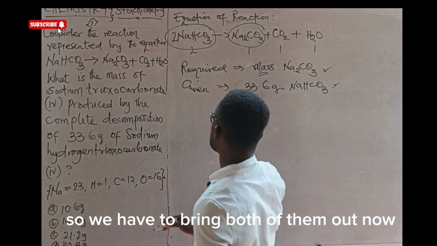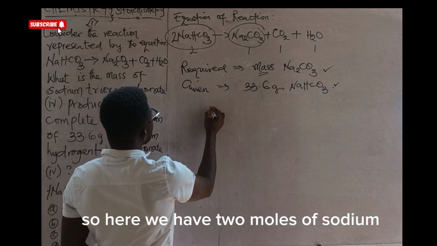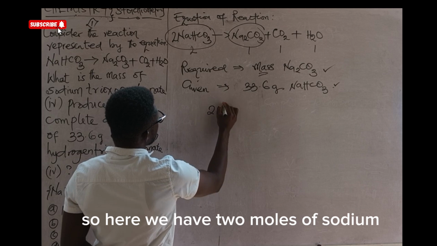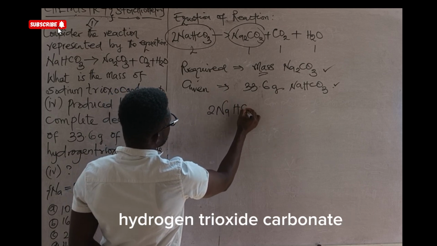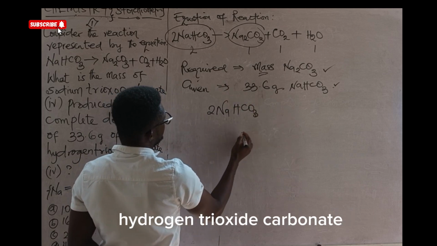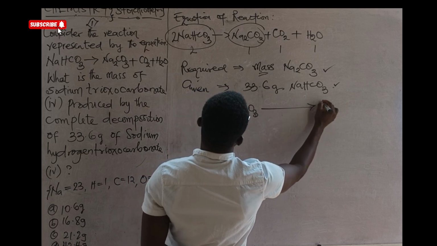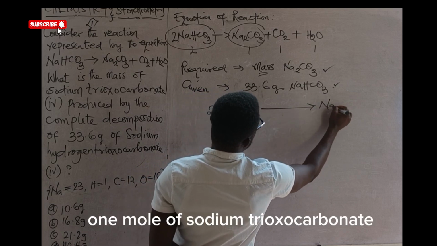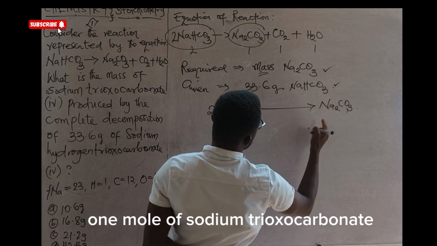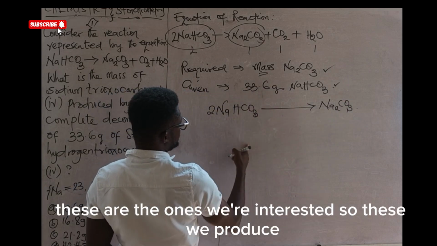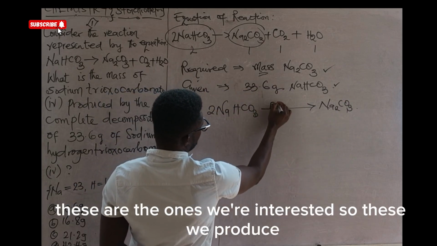So we have to bring both of them out now. So here we have 2 moles of sodium hydrogen carbonate produced 1 mole of sodium carbonate. These are the ones we're interested in.